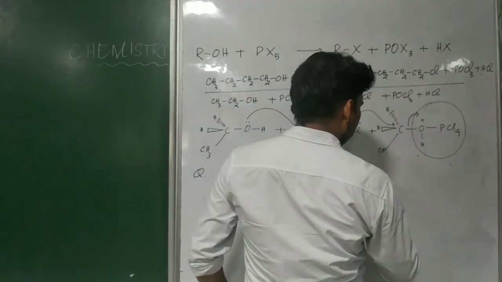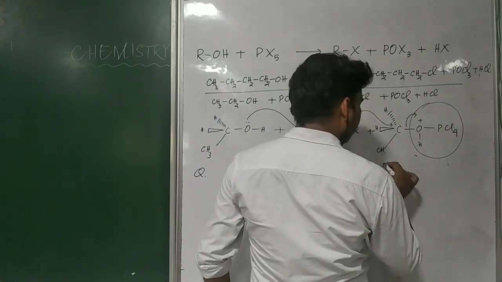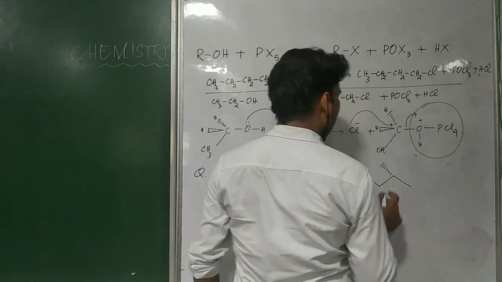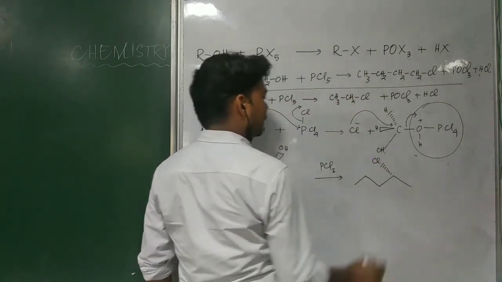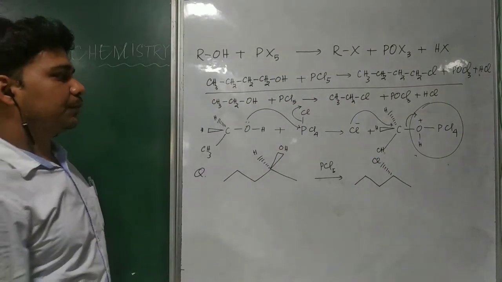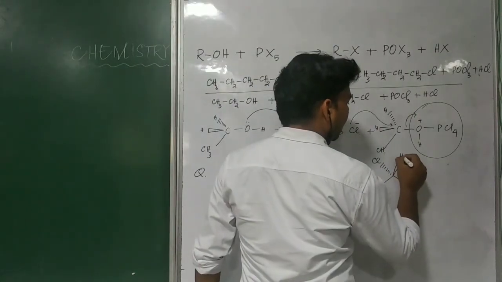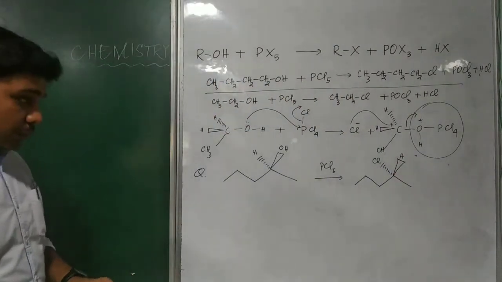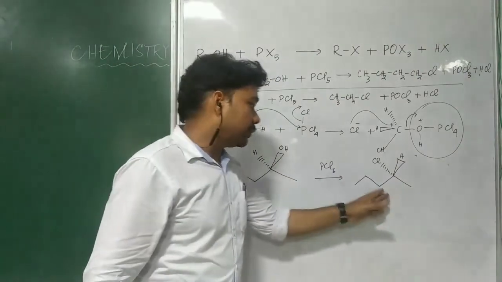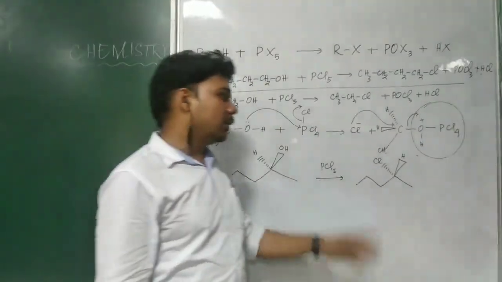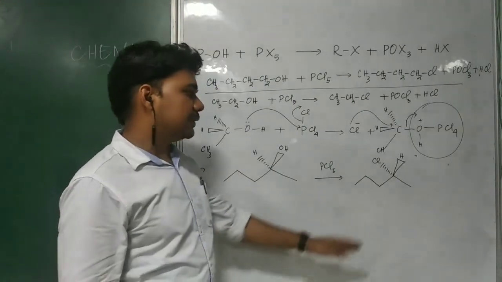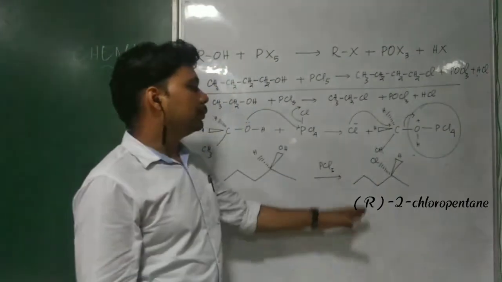So, in order to invert the configuration, we need to put the Cl in the opposite direction to that of OH, and H will be oriented in the opposite direction. If we compare the configuration of these two molecules, they have opposite configurations, and this is your product, 2-chloropentane.